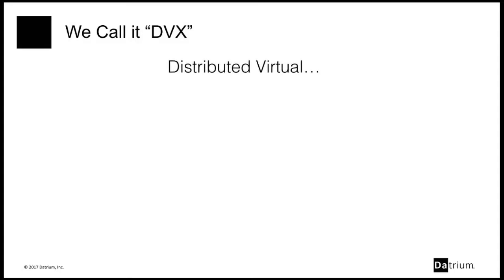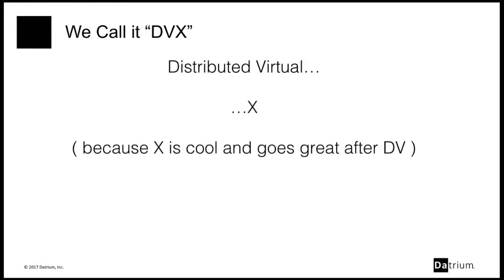Really, at the end of the day, Datrium represents a turnkey solution that is agile to drop into a customer's existing environment and provide resources that enhance it, but also use some of the stuff that they had there already. We call it DVX. And I want to spend a minute just expressing what that name means. DVX is basically meaning Distributed Virtual X, where X is cool and comes great after DV.